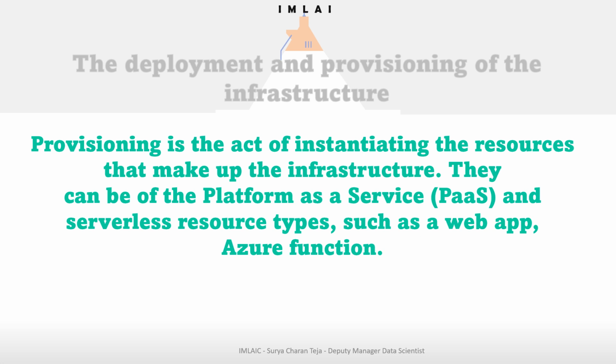They can be of the platform as a service type, in short PaaS, and serverless resource types such as a web app, Azure Function, or Event Hub, but also the entire network part that is managed, such as VNets, subnets, routing tables, Azure Firewalls.